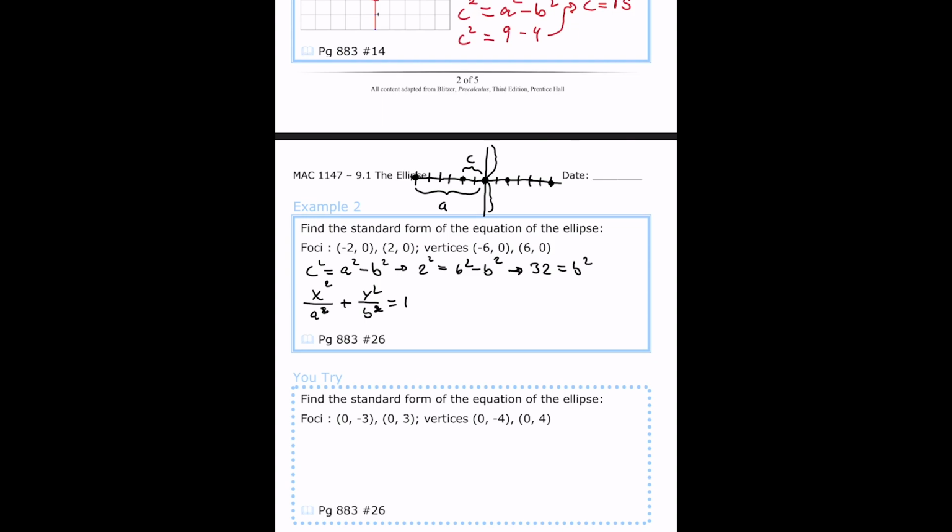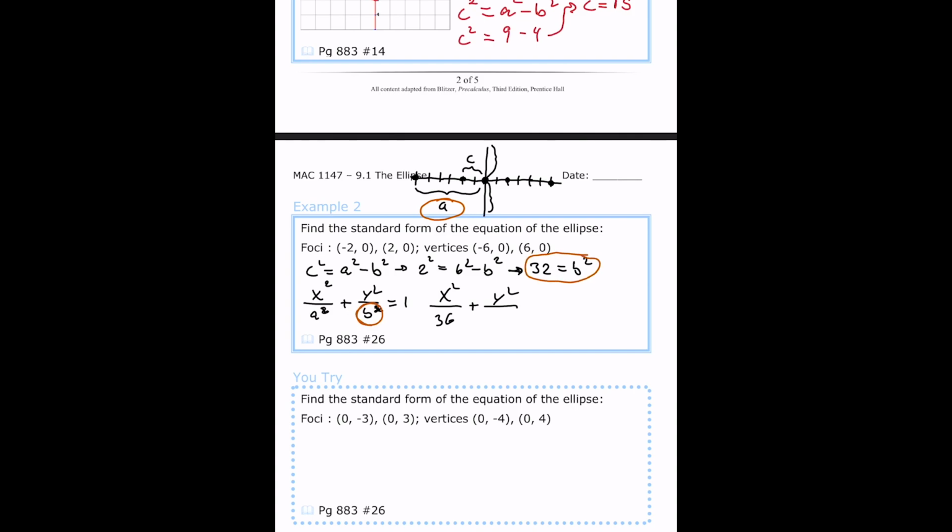I can find out my a squared value by taking my horizontal radius and squaring it. So we already know that that was 6. It's going to turn into a 36. So I have x squared over 36 plus y squared over my b value, which we determined is actually the square root of 32, but I don't need my b value.